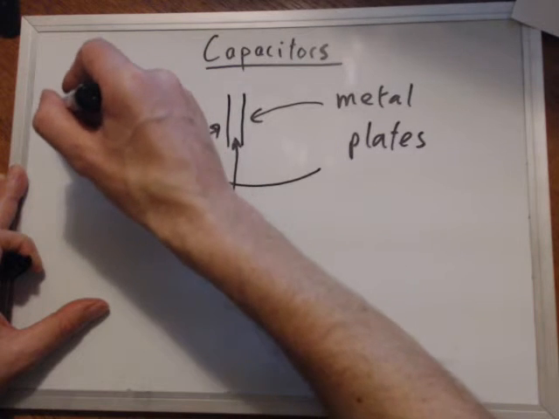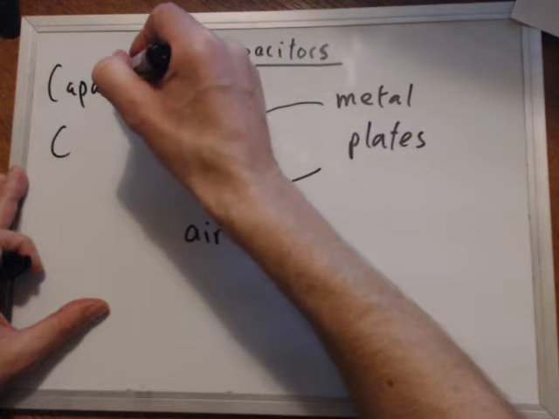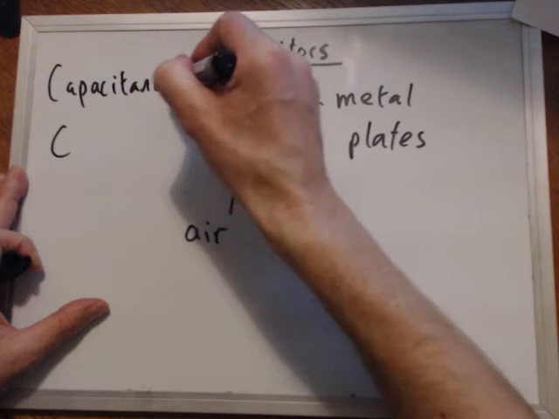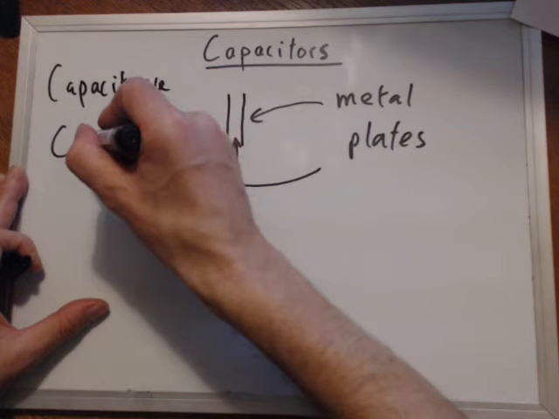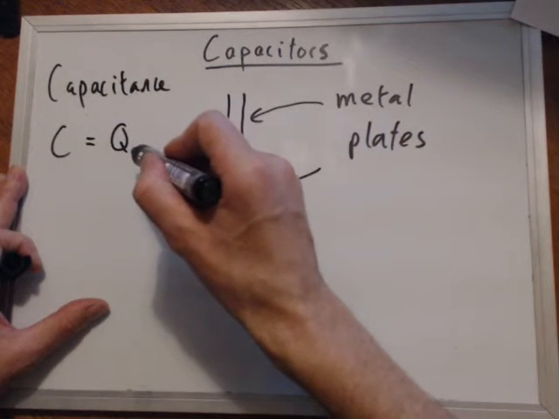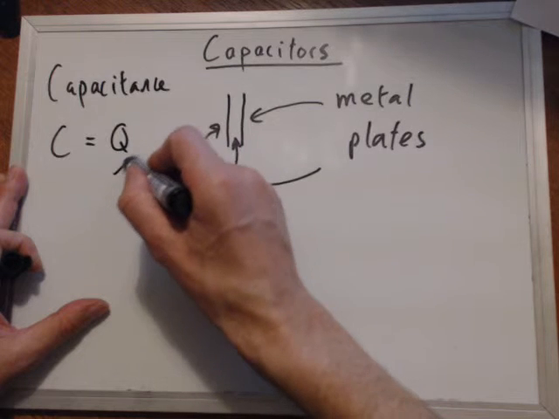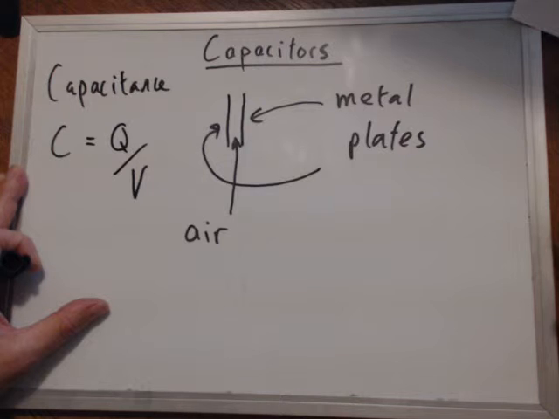So C is capacitance, and the capacitance of a capacitor is equal to the charge Q it can store divided by the potential difference V that is put across the capacitor.